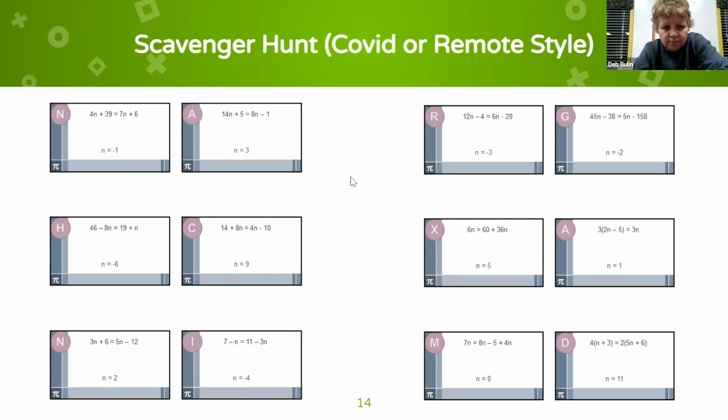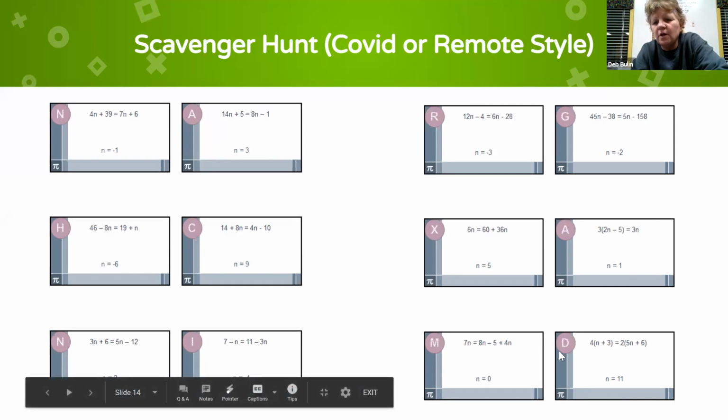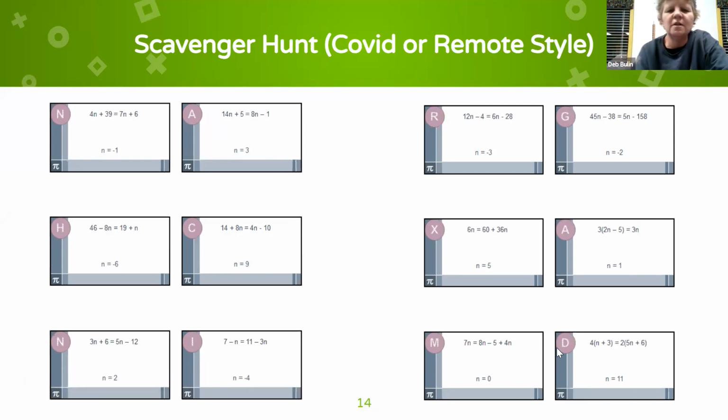Is that right? No, it's 11. Then they'd have to go over here and write the letters. This one spells, I think, Grinch and Max. So I usually have something that it spells so I can tell if they're doing it right.